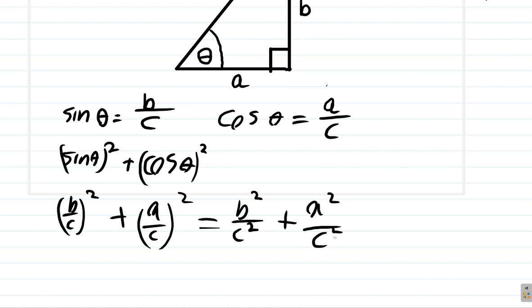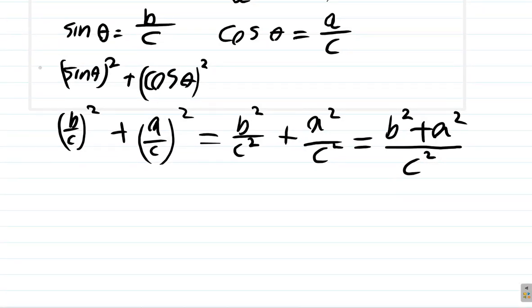See that? This can be written as b squared plus a squared divided by c squared. You remember your fractions, right? Okay. Let me just put this in alphabetical order and put a squared first plus b squared all over c squared.